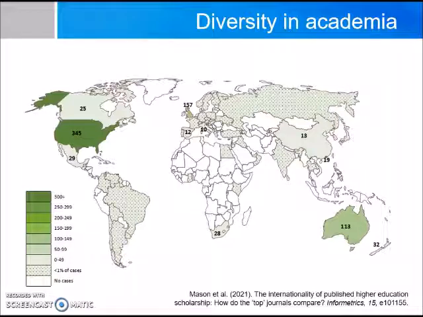As you can see, there's a concentration in certain English-speaking countries, the US, the UK, Australia, and not much diversity beyond that. One of the things we wanted to do was see if this was seen across the journals or whether some journals were more diverse than others.